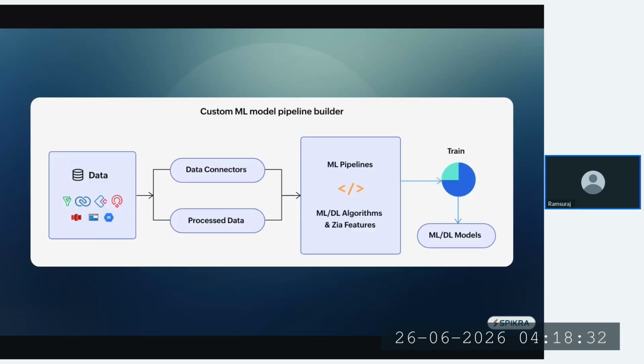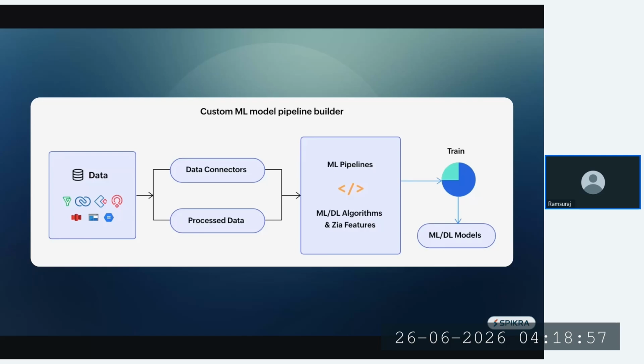So this is about the model pipeline builder. Actually, the model pipeline builder is the heart of QuickML. QuickML provides a visual drag and drop pipeline builder. Users can connect pre-processing components or transformations and ML algorithms in it, and evaluation and deployment nodes.